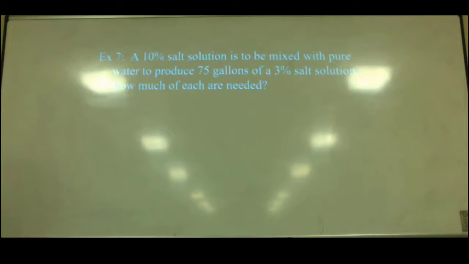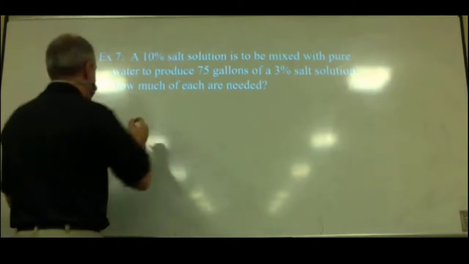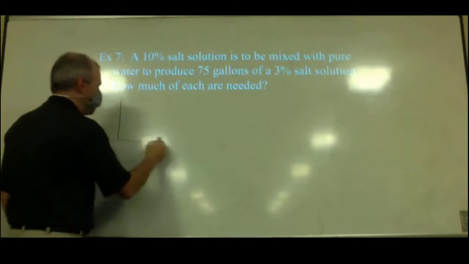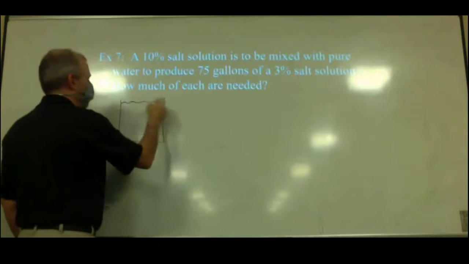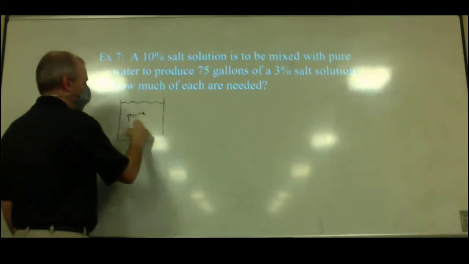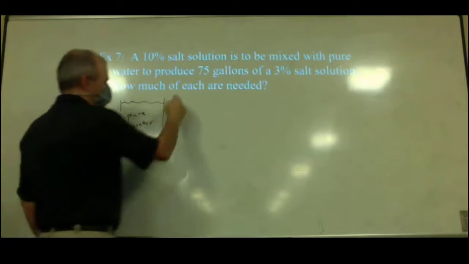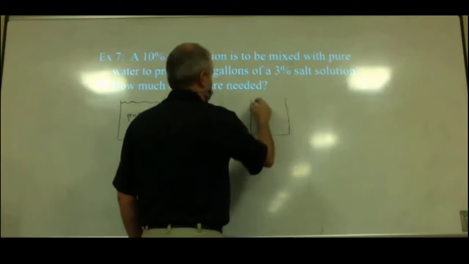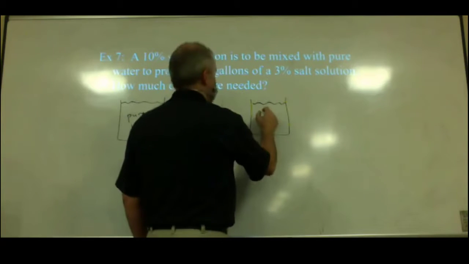Okay, so here's the idea. We've got these two. I'm going to draw a picture. You're going to be amazed at my artwork. We've got pure water. We've got an empty jug, and then we've got some sort of solution that's 10% salt.